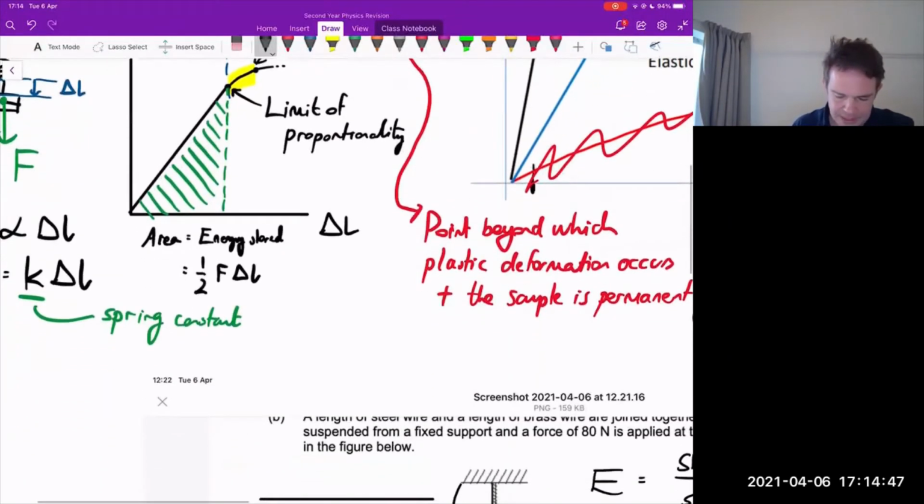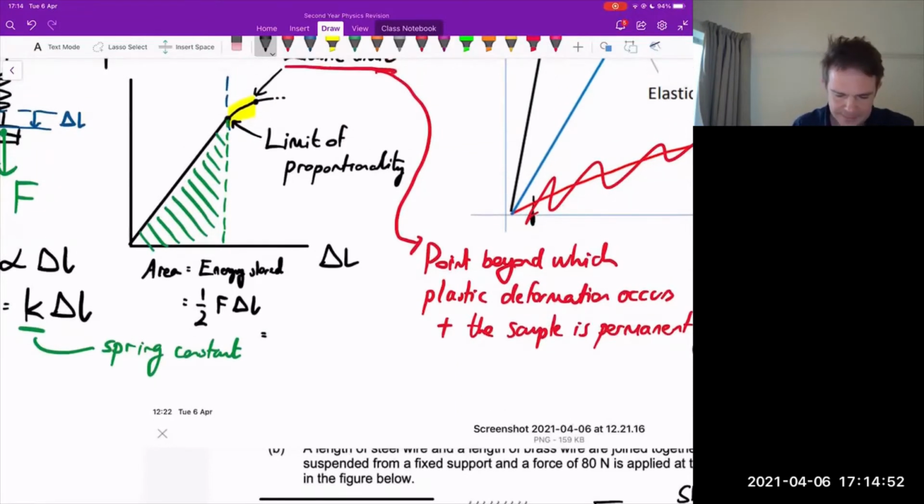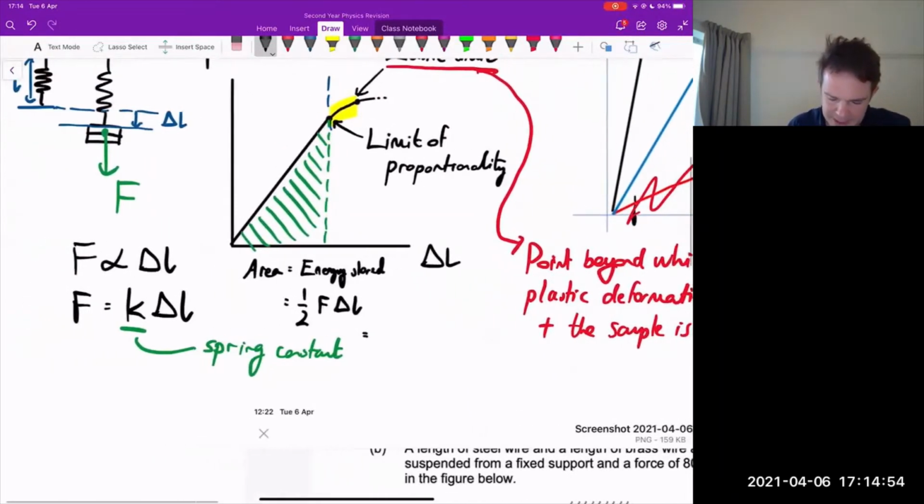If we're obeying Hooke's law, which we usually are, certainly in the straight line region, we can write half K delta L times delta L, which gives you the energy stored being half K delta L squared.